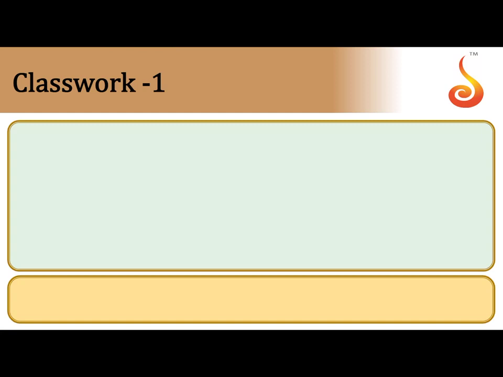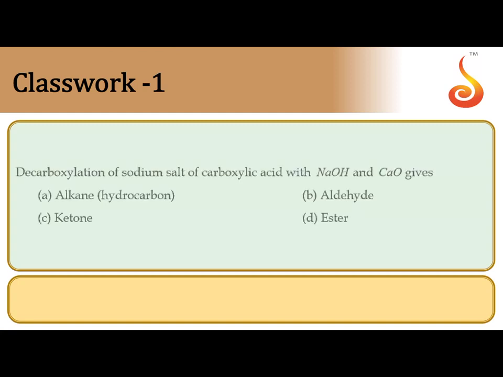Coming to some problems from carboxylic acids and amines. Decarboxylation of the sodium salt of a carboxylic acid with soda lime. NaOH and CaO is nothing but soda lime. Let the sodium salt of the carboxylic acid be RCOONa.